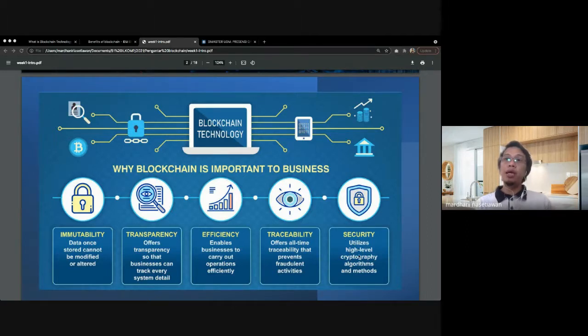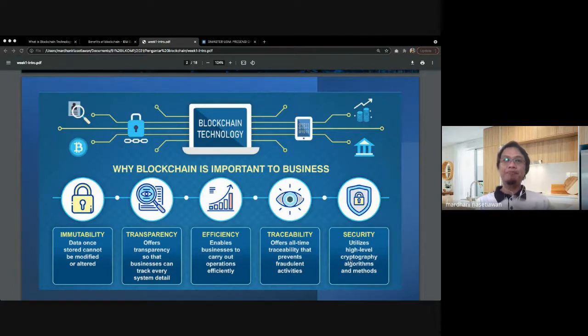This utilizes high level cryptography algorithms and methods. That's why I mentioned to you that if you want to learn about blockchain in a very deep way, I think cryptography is one of the majors that you need to take. Because blockchain is not using ordinary or common cryptography algorithms, but actually utilizes high level cryptography.